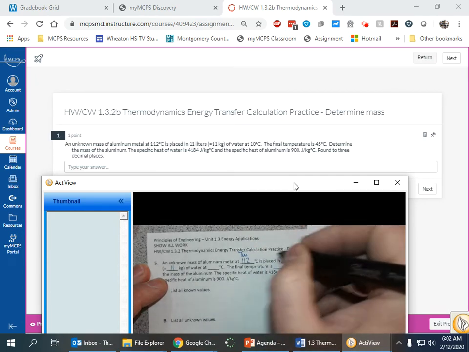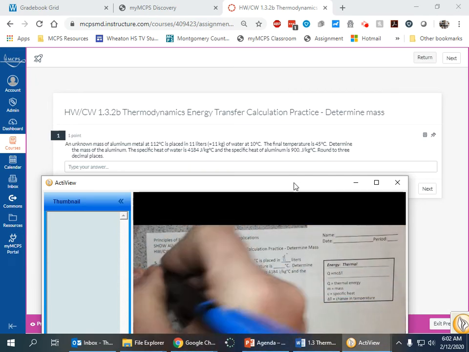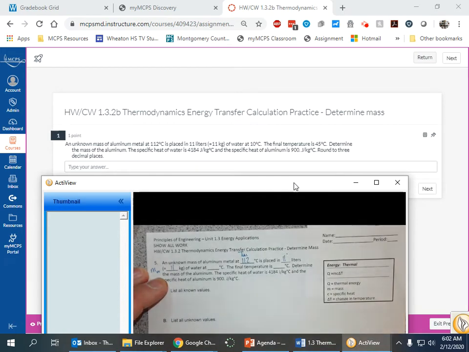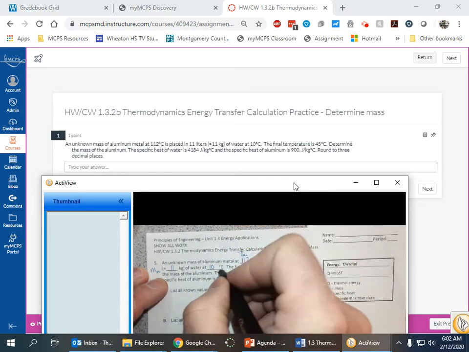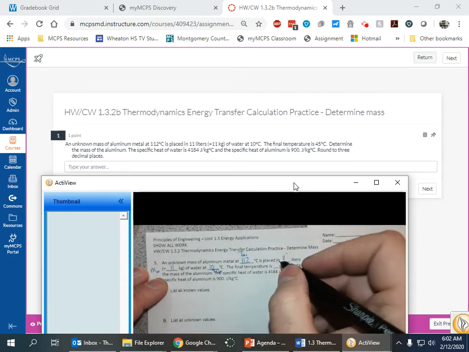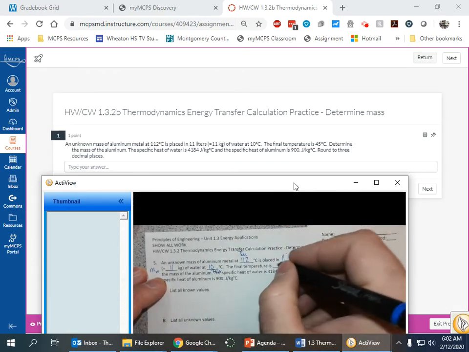So that's my mass of the water, and the temperature of that water is 10 degrees Celsius. So there's my temperature initial of the water. The final temperature, they tell me, will be 45 degrees Celsius.